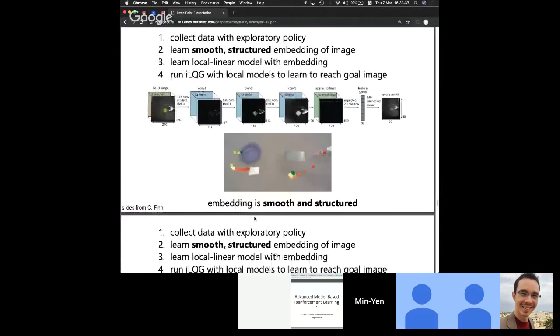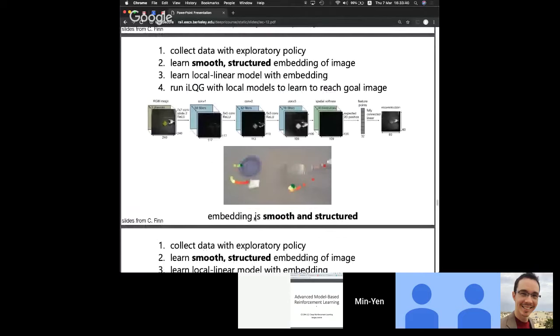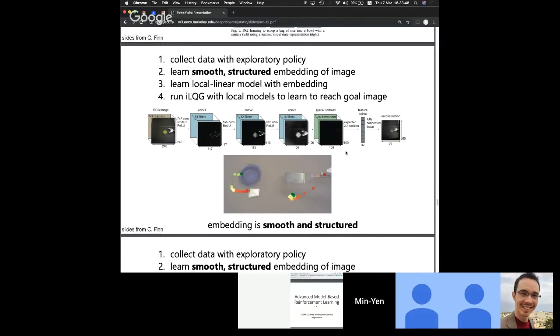Sorry, can I ask? Yeah. Does anyone know what is spatial softmax? Like the last layer before the feature point. Okay, this one. Because you were saying that he softmaxed it, but I'm not sure.